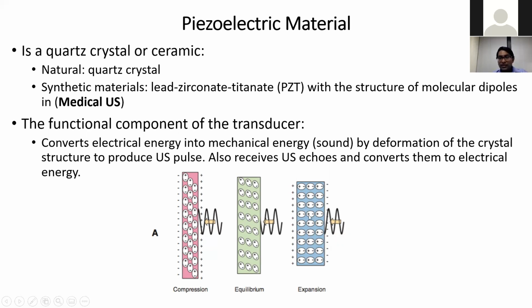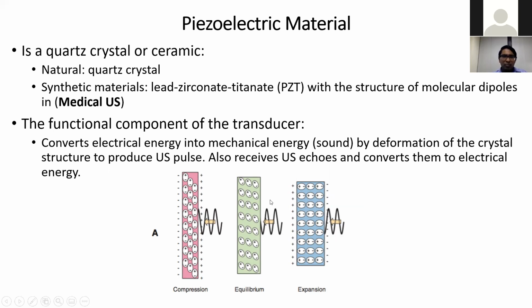So this is how a PZT can both convert electrical energy into mechanical energy by deformation of the crystal structure, and also receive ultrasound echoes and convert them to electrical energy. The PZT has a low efficiency of around 50%, and we lose a lot of electrical voltage when we're receiving these echoes.